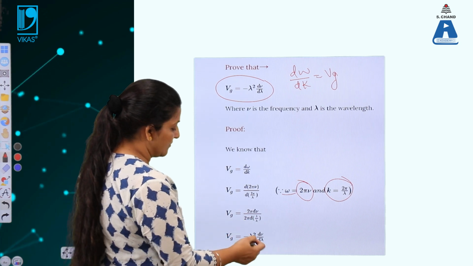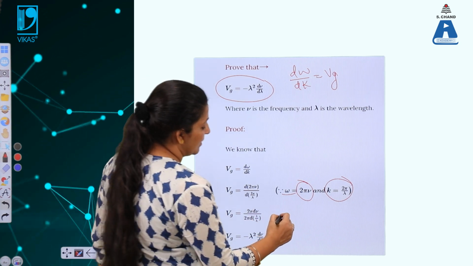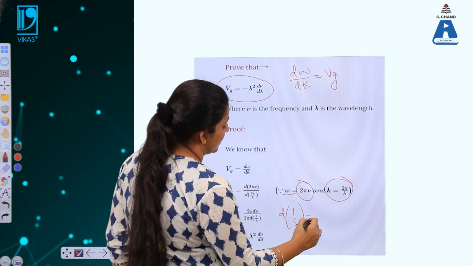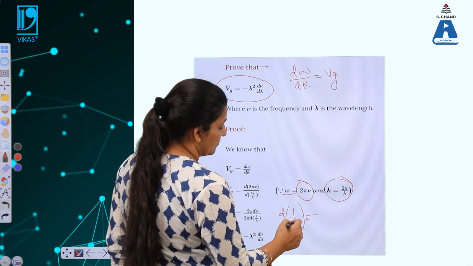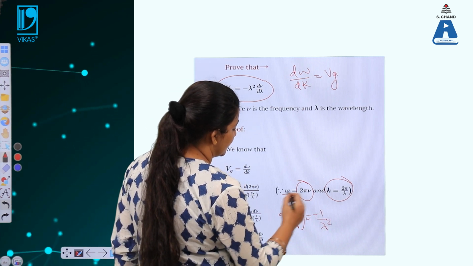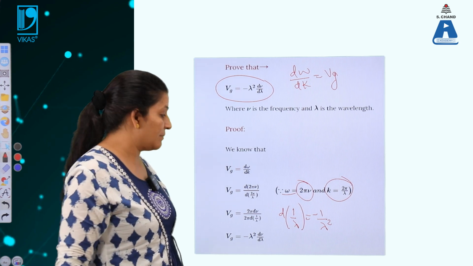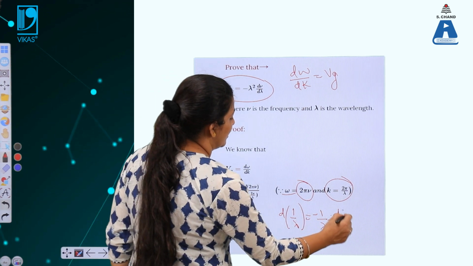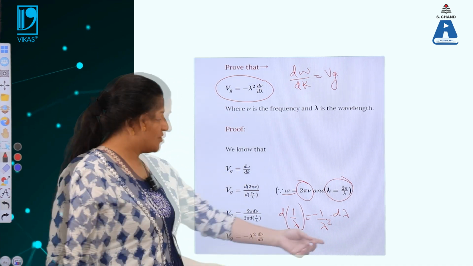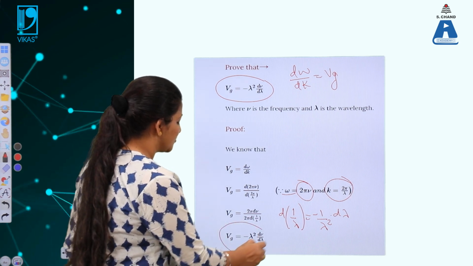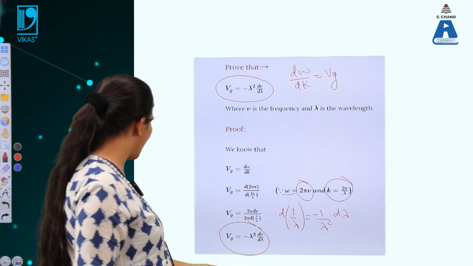Now on differentiating, we know that the derivative of 1 by lambda is minus 1 by lambda square. So substituting this value over here, with d lambda as the variable, we get group velocity equals minus lambda square into d nu by d lambda.